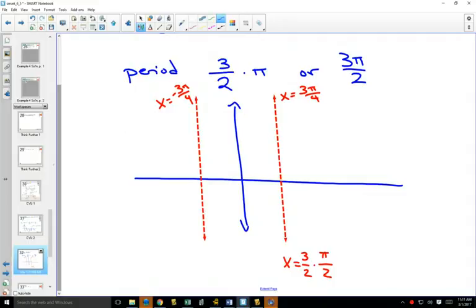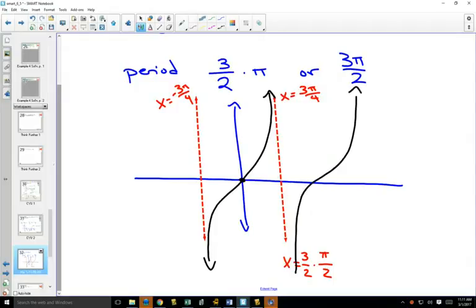And our graph for tan will still have that same shape between those asymptotes and look like this. Of course, it will continue on either side as well.